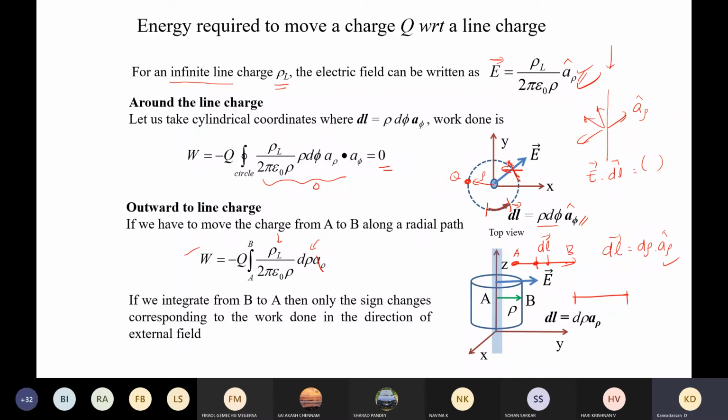The same thing you can apply for an infinite sheet. If it is an infinite sheet, we know what the electric field is going to be. Can anyone say what the electric field is if the surface charge density is rho s? Let's say this is in the XY plane.